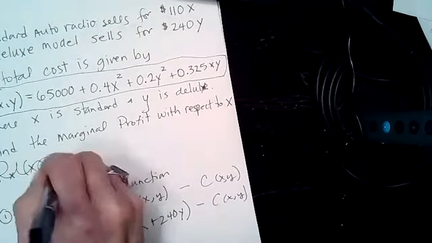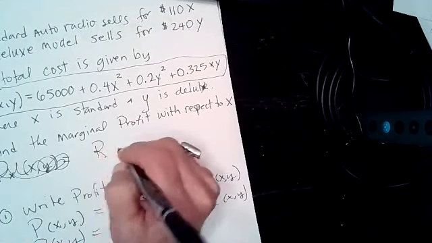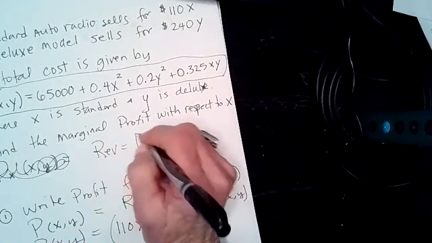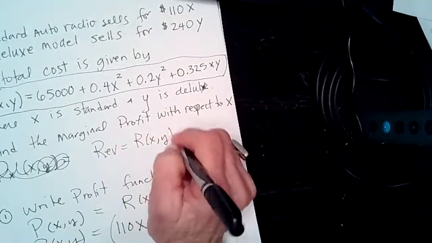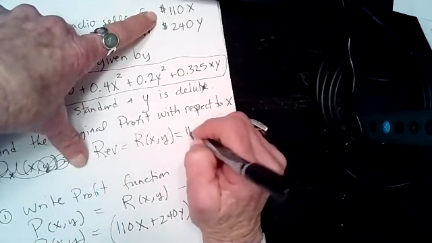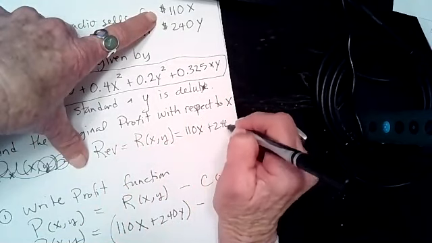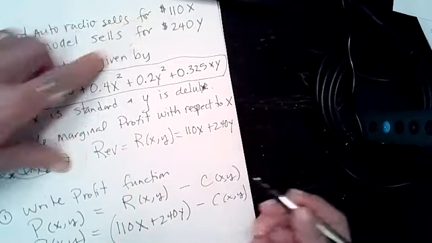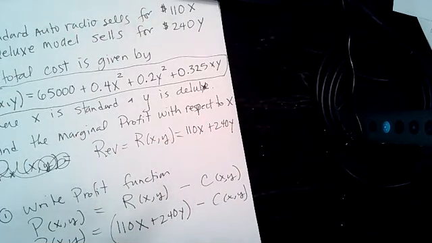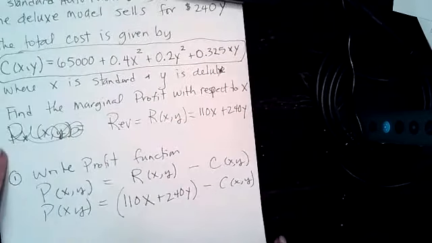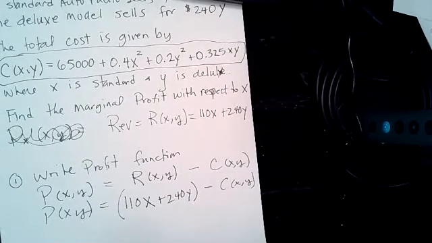So we'll go rewrite that. But my revenue is R of XY is 110 for each regular plus 240 for each deluxe. Okay, so I'm going to take that, I'm going to subtract my cost function, I'm going to distribute my negatives and stuff like that, and then I'm going to take the derivative.